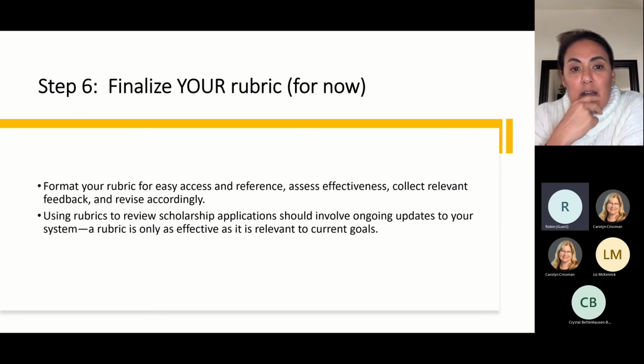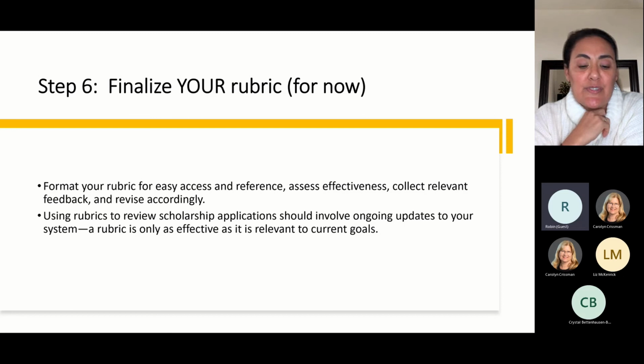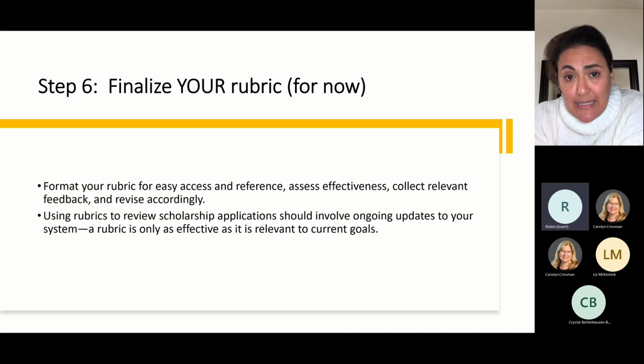Again, it's important to do a test run, send it out to folks to get some feedback. It's always great to have committee members. I will leave it up to you if you want to make your rubric transparent. What I mean is, do you put on your website how things are going to be weighted?